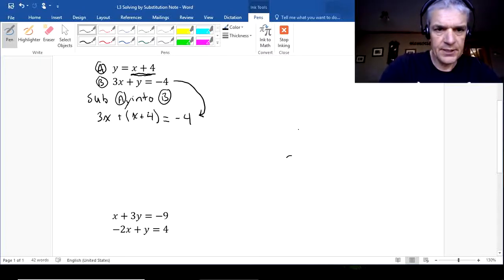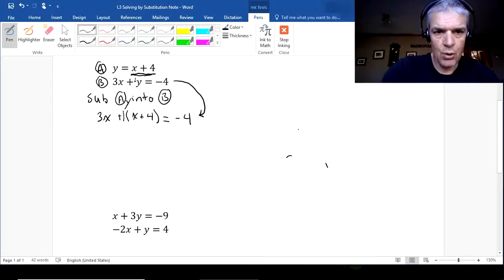The difference between this line and this line is that where the y was, I've now put x plus 4, because that's what the y value equals in equation A. Now, I always put it in brackets. If there's a number in front of the y, like we'll see in other questions, it's important. In this case, it's like a 1 that's here, because we know that this is 1y. We just don't usually write it.